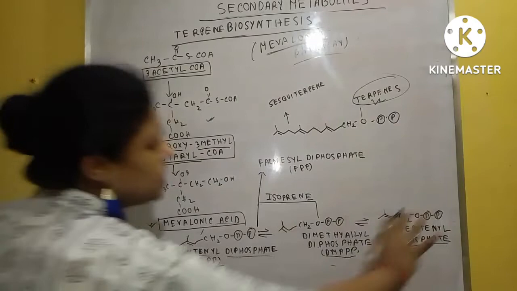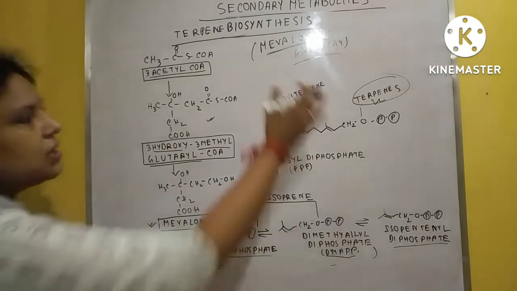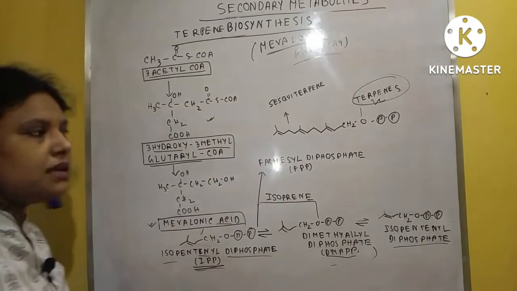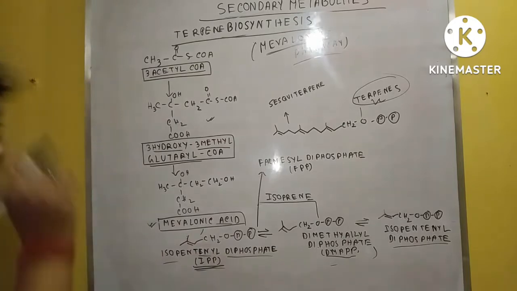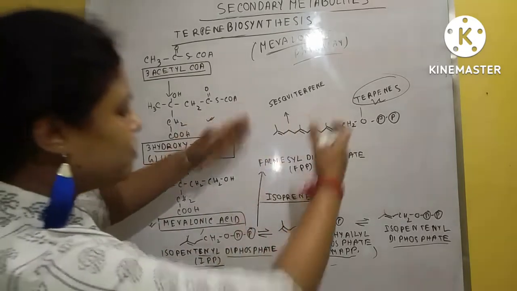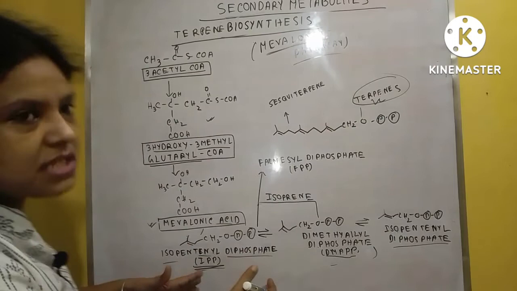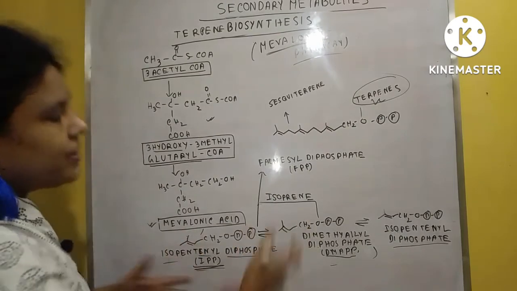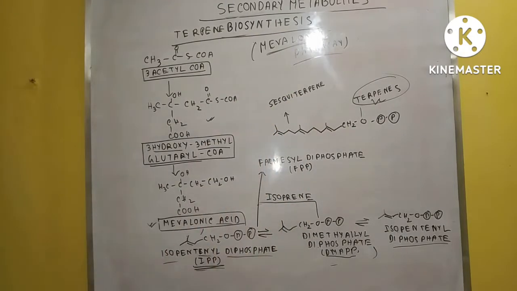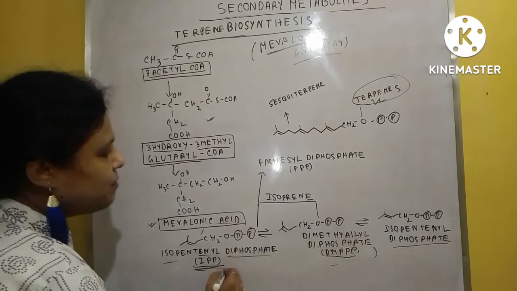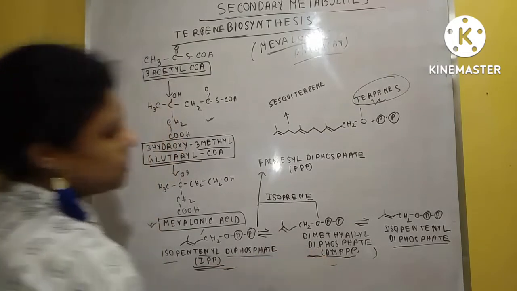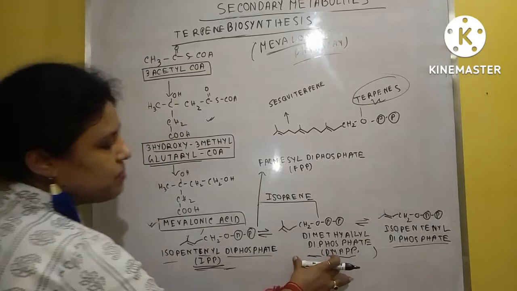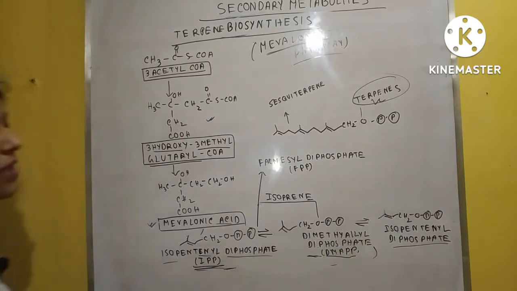From this part, I have written in the upper side. Okay, you just clearly follow me, and then you easily understand, because I had to write in the lower side, but the space is very low, so that's why I have written here. So what happened? You see here this IPP and DMAPP.